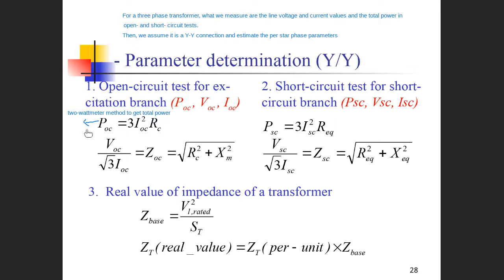This is the open circuit test. You get the power, and this is the line voltage.